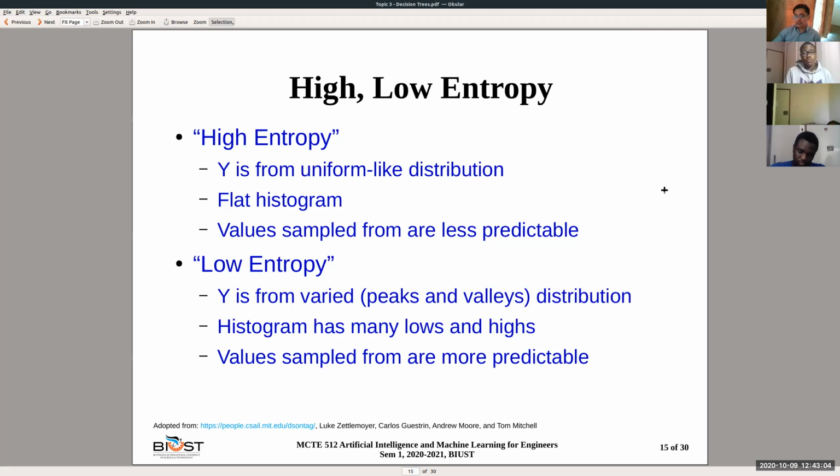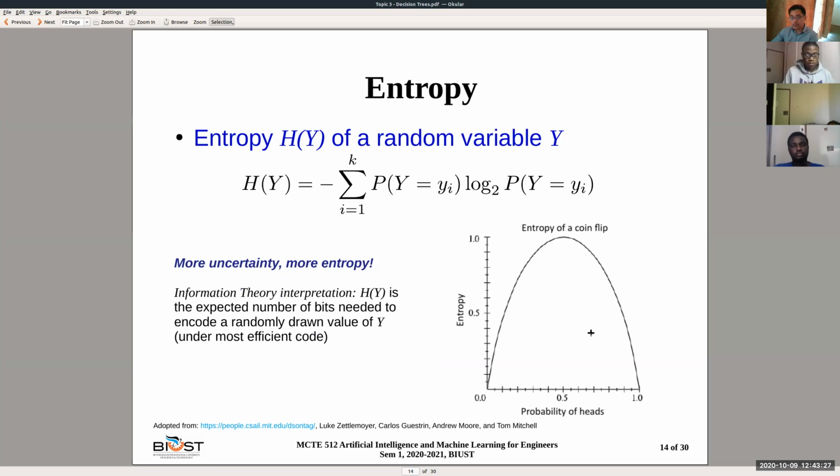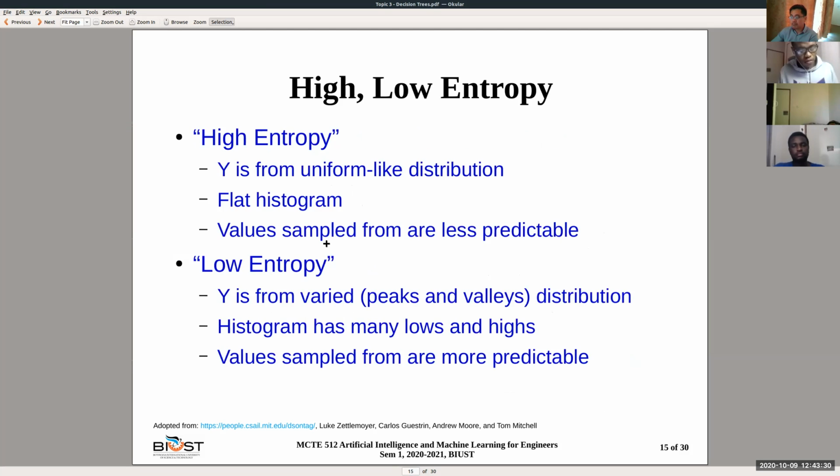Just for emphasis, when you have high entropy, y is from a uniform-like distribution. If the distribution is uniform, that means we don't know definitely the answer, and that is high entropy. Just like in this case here, there's a higher entropy. We're not very certain about the outcome. With a uniform-like distribution, like a flat histogram, the values sampled are less predictable.